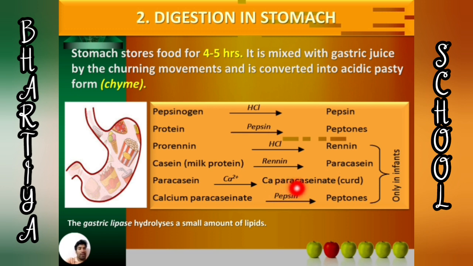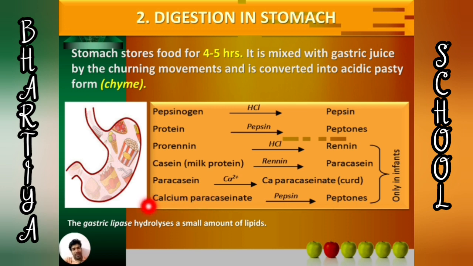This occurs in the stomach of infants, and this calcium paracaseinate is easily digested by pepsin enzyme into small peptones.